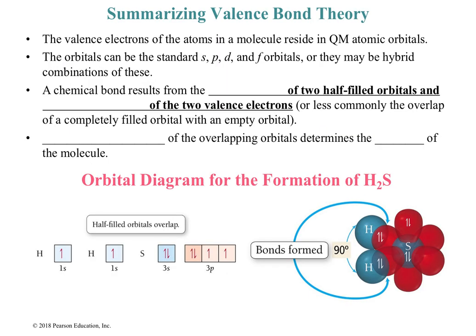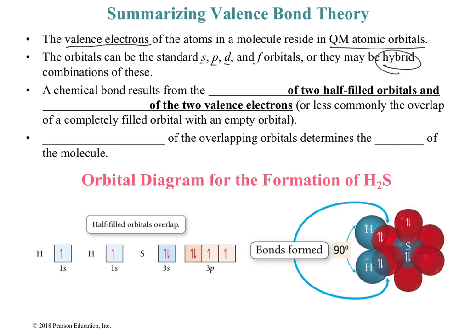The summary of valence bond theory is that we have valence electrons showing up in the atomic orbitals we learned about: the s, the p, the d, and the f orbitals. But valence bond theory says there may be some kind of orbital that is a hybrid of the various atomic orbitals.